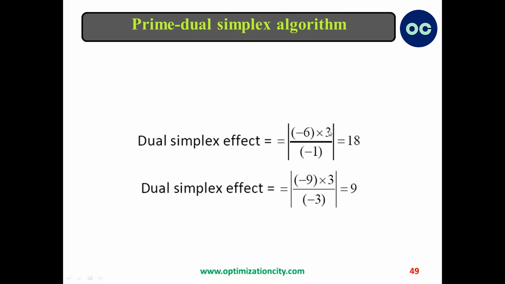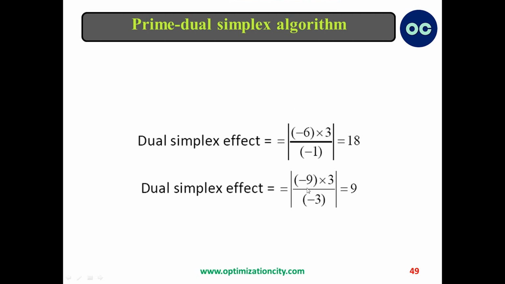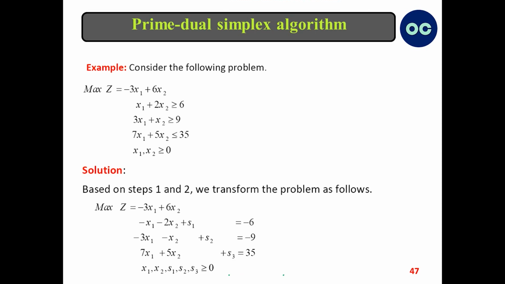So we have 3 and 3 here, and this is the right-hand side. It should be a negative value, and the coefficient of x1, just behind x1 in the objective function. So it's -1 and -3.